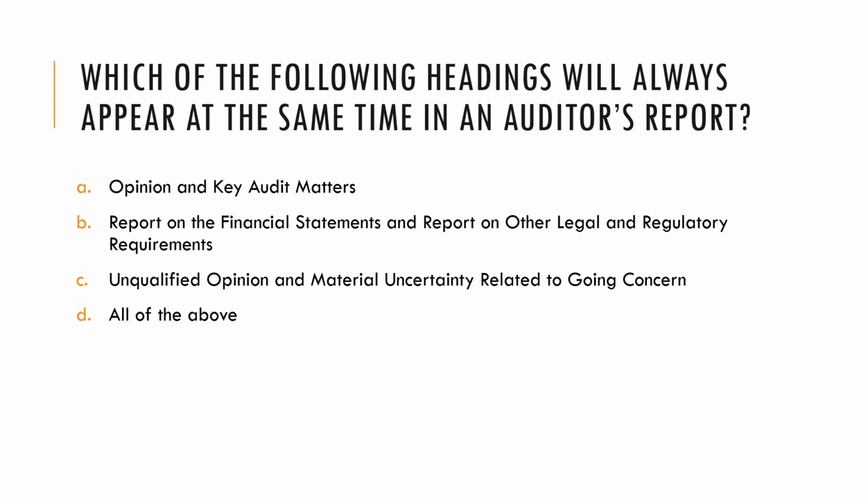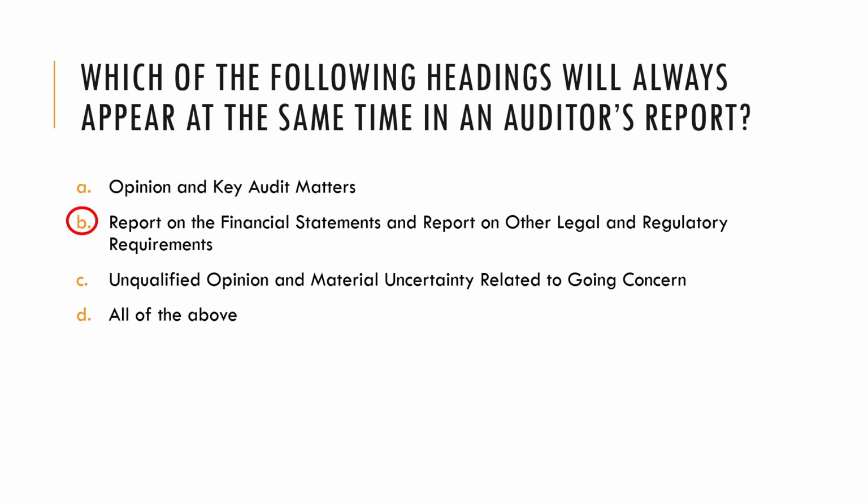And so therefore, if the entity does not have significant doubt regarding its going concern, then the MURGC paragraph will not appear in the report. And again, because the question is always appear at the same time, the answer is also not letter C. That means to say the answer to this question is Bravo.